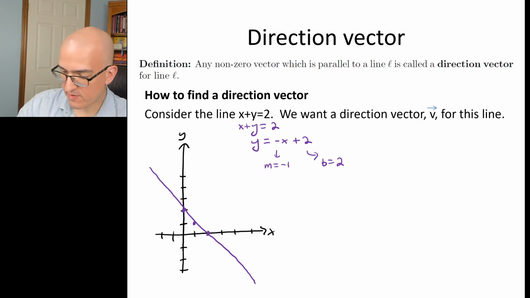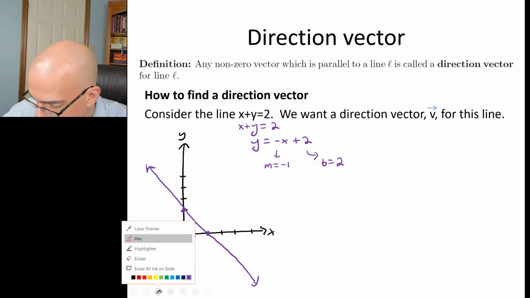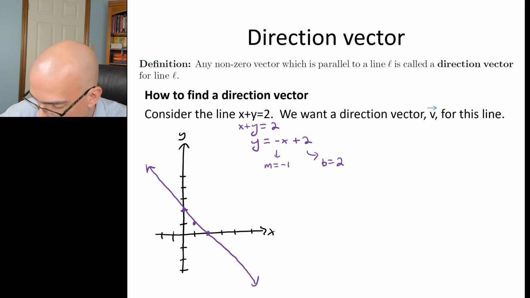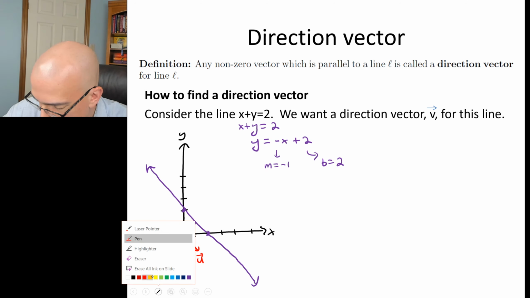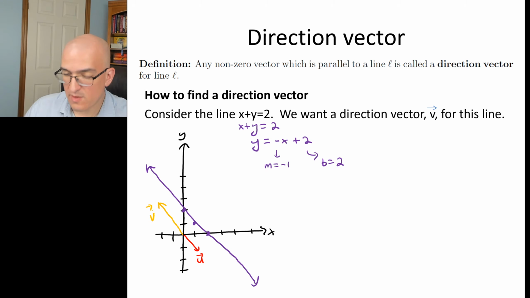Okay, and it goes on forever in both directions. I want a direction vector that points in the same direction as that line. So I want this one, U, or this one, V. Those are both direction vectors.